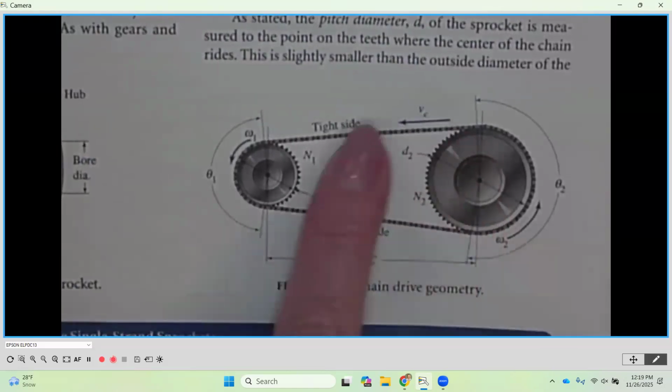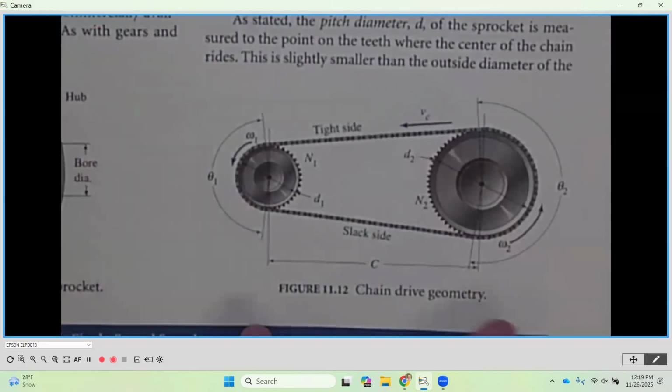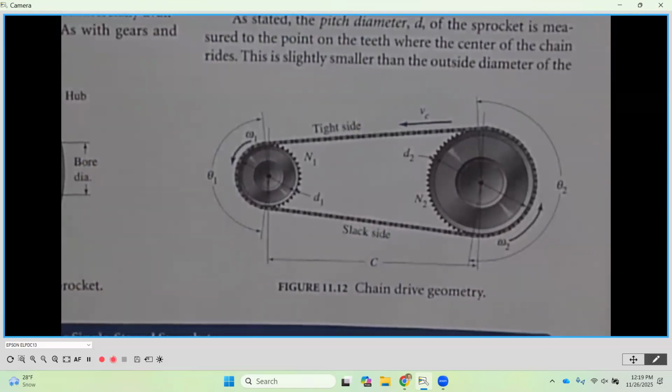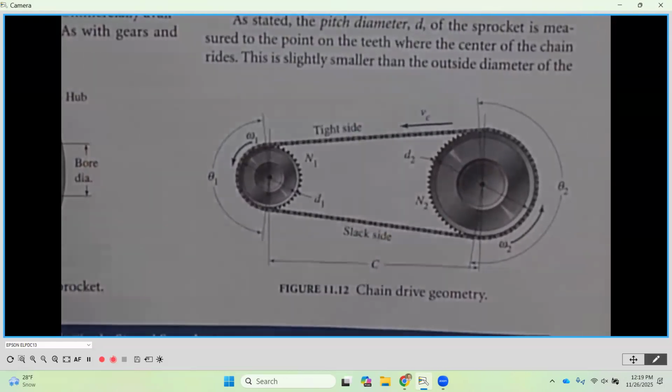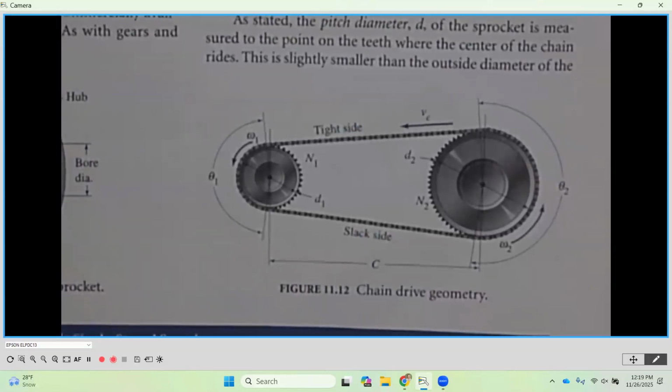And then it's going to have the chain going over the top of it. Additional information is going to be, okay, how far apart are these going to be? And that's going to be our center distance. So to call out a complete chain drive, we're going to be calling out the chain, the two sprockets, and then specifying the center distance. And then additionally, how long is that chain going to be?